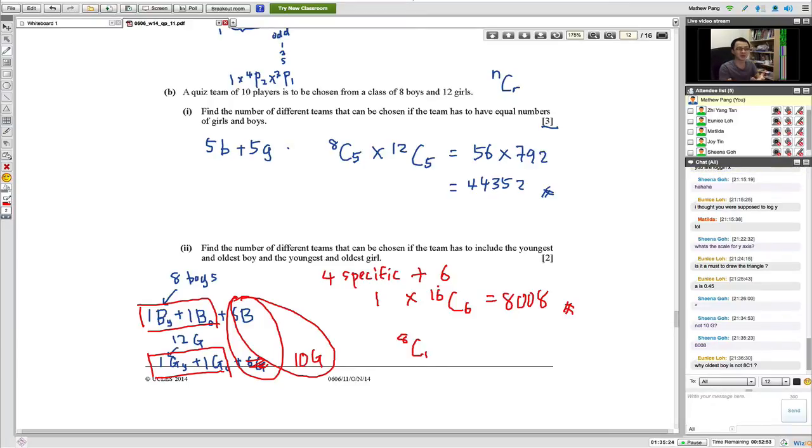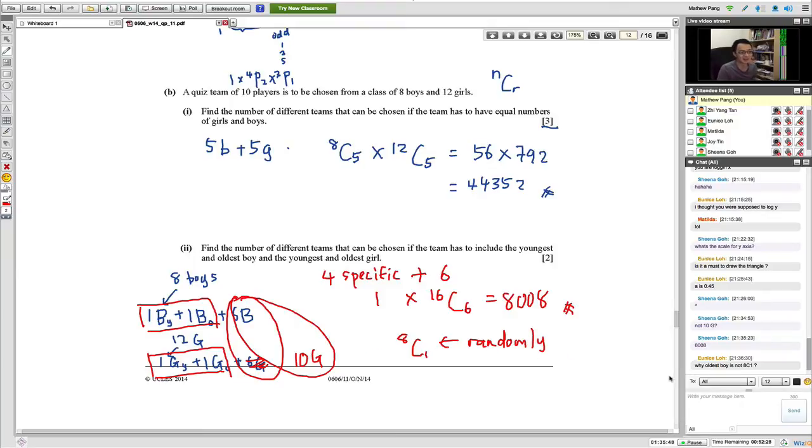Because XC1 means choose randomly. If you want the oldest one, you have to find who is the oldest and choose only that one. So in this case, you cannot do XC1. XC1 means randomly choose one boy from the 8 boys, but you do not know whether that one is the oldest or youngest.